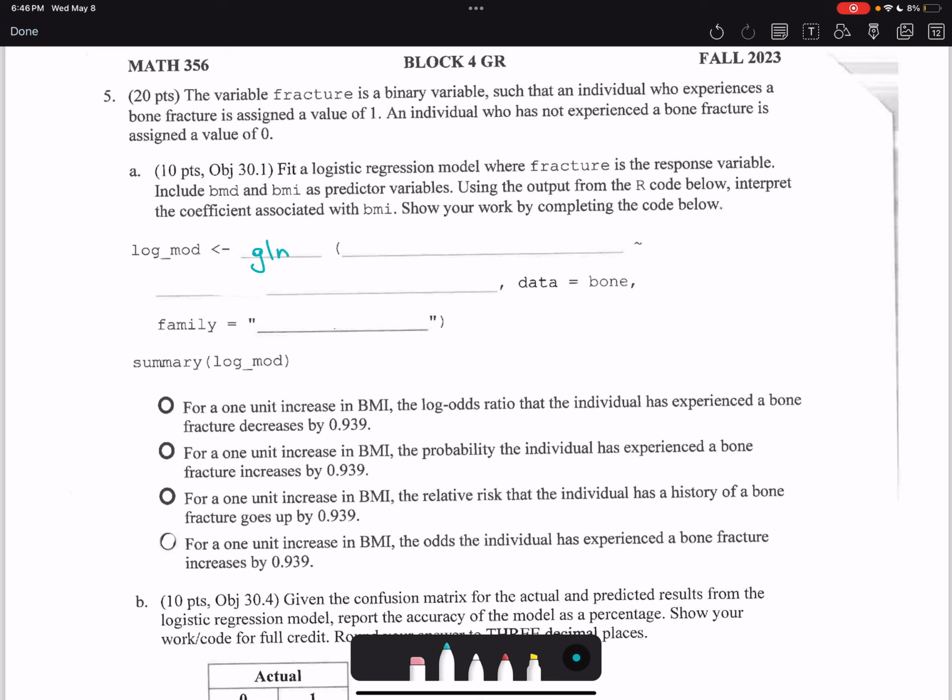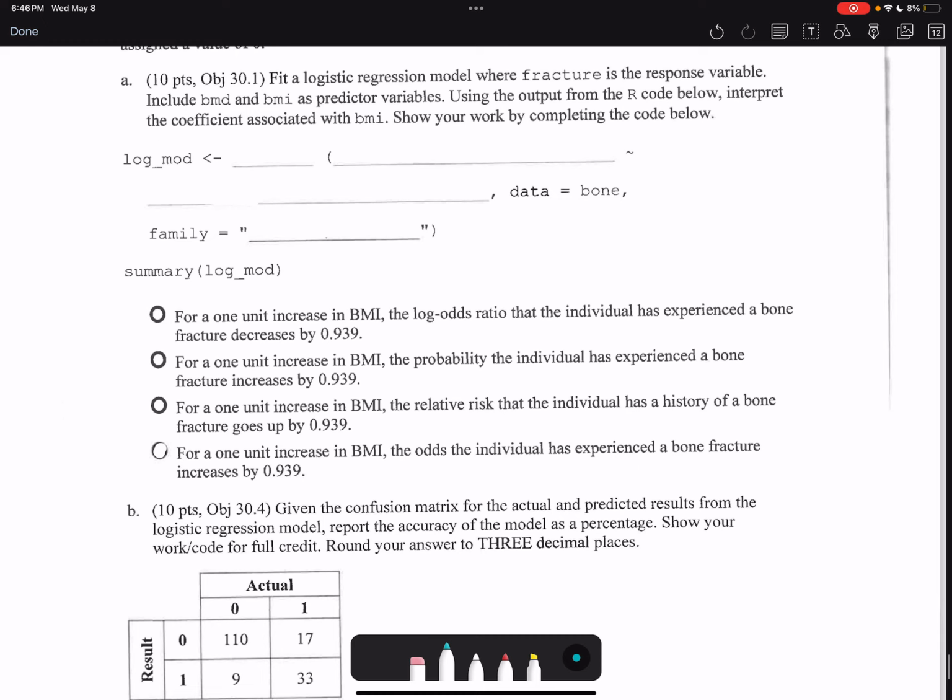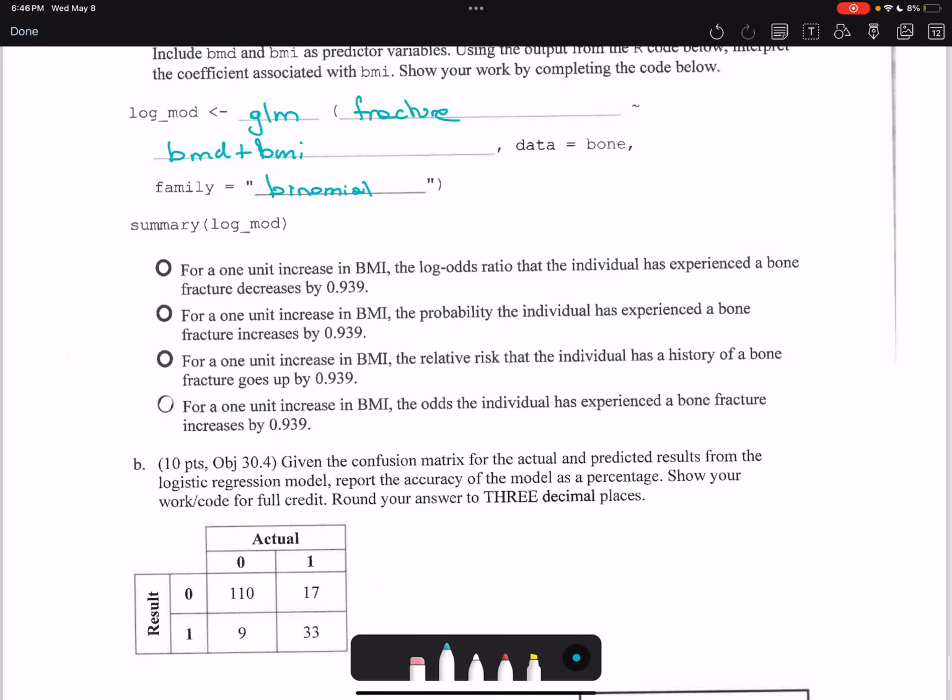Okay, GLM is the command that you would use. Fracture is the response variable with BMD plus BMI. Family binomial because the prediction is either you do have a fracture or you don't.